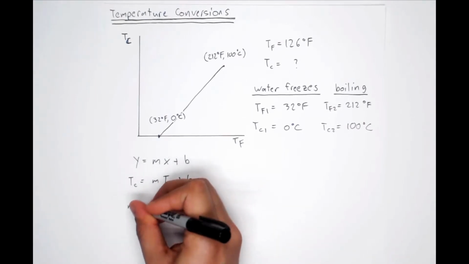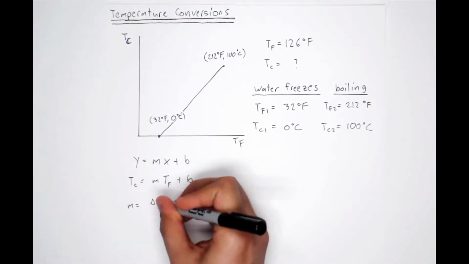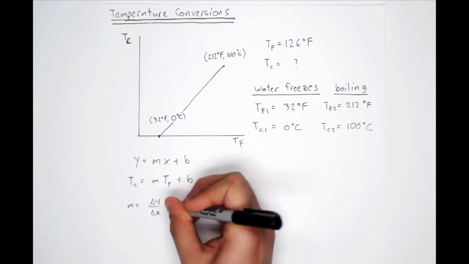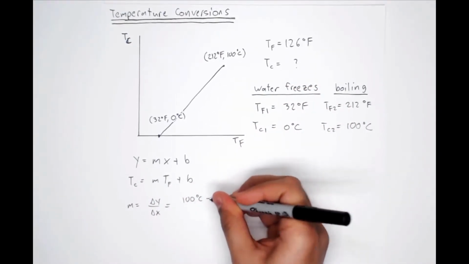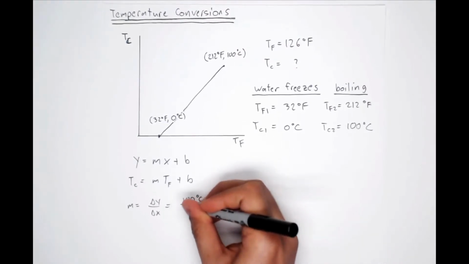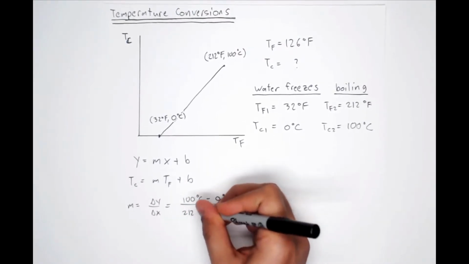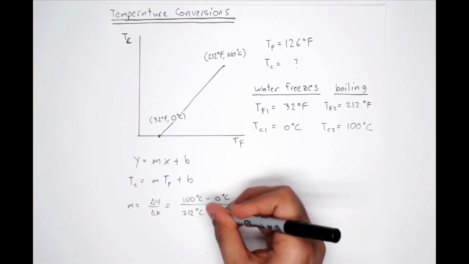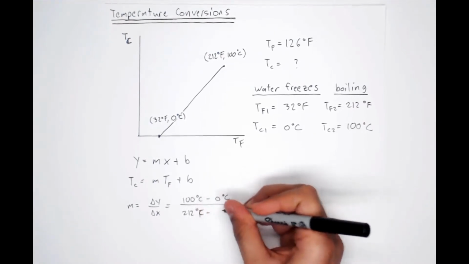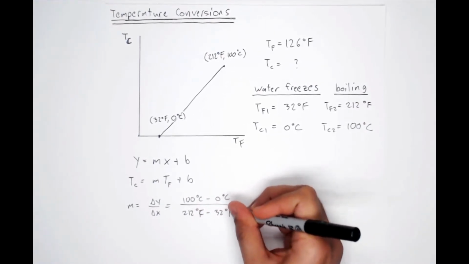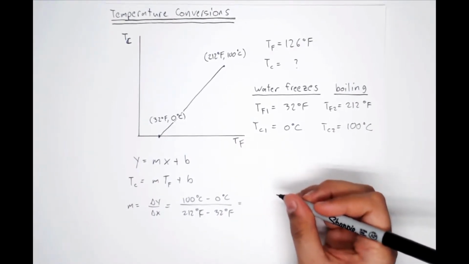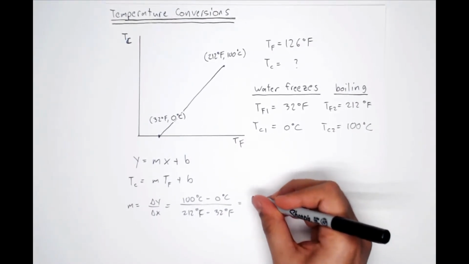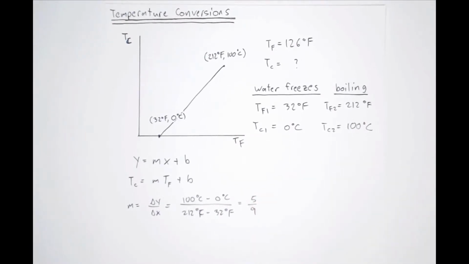M is always going to be equal to change in y over change in x. So for us here, the change in y is going to be 100 degrees Celsius minus 0, divided by the change in x, 212 degrees Fahrenheit minus 32 degrees Fahrenheit. If you divide this out, you will find that it is equal to 5/9, if we just leave it as a fraction.